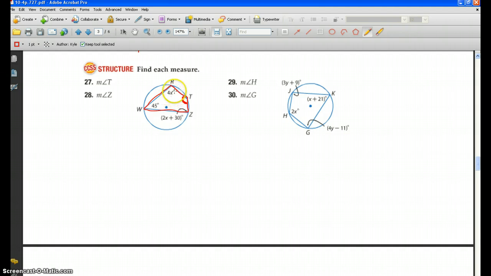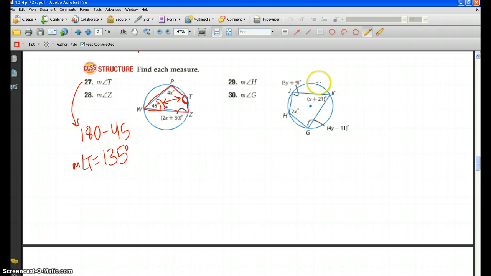Anytime you have an inscribed quadrilateral, opposite angles are supplementary. So these two angles add up to 180, and those two would add up to 180. So the best way to set this up to find the measure of angle T is just to find the supplement of 45, which would be 135 degrees.